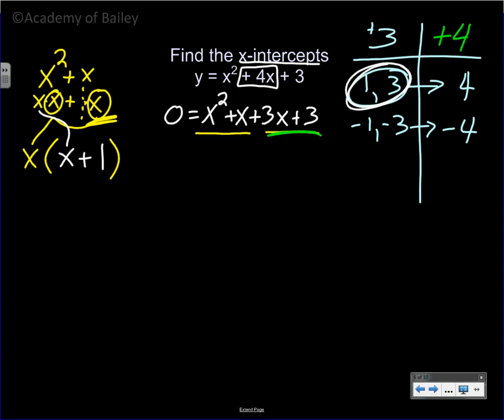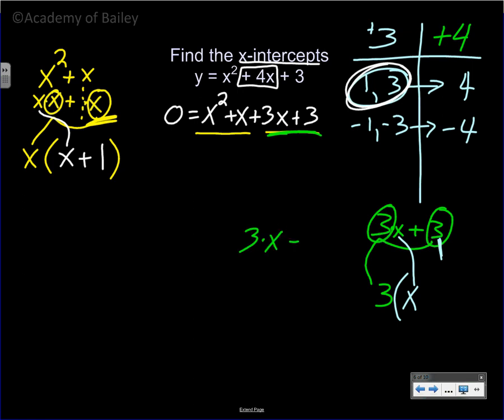All right, now let's look at 3x plus 3. Well, we know it's 3 times x, so we know that they have a 3 together. And in having that 3 together, we pull that 3 outside. Inside the parentheses, you get the x. And what comes out of this 3? 3 times x plus 3 times 1 is what we really have here.